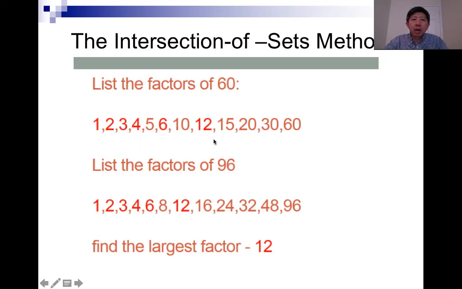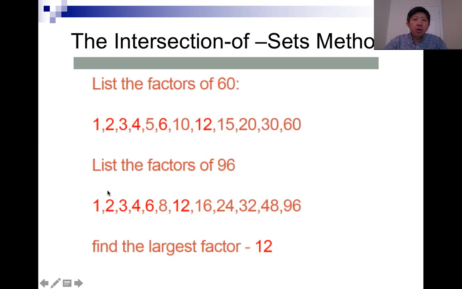These are all the factors of 60. Next, I will list the factors of 96. 1 is a factor, 2 is also a factor, 3 is also a factor, 4 and 6, 8, 12, 16, 24, 32, 48, and 96.